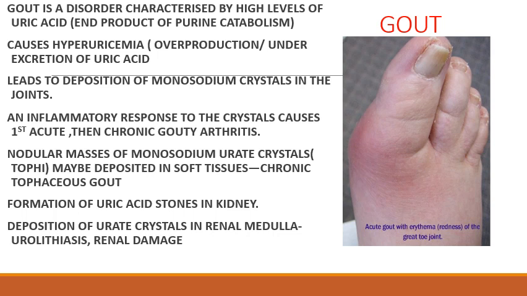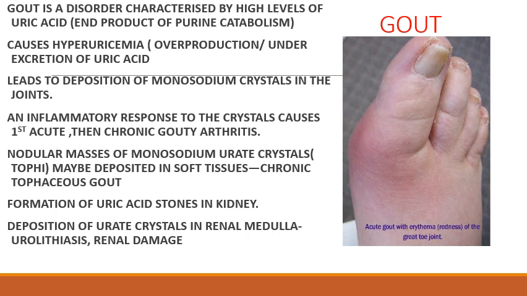Now, the important disorder associated with hyperuricemia is gout. Gout is characterized by high levels of uric acid, and as you know, uric acid is the end product of purine catabolism. So, as I've already told you before, hyperuricemia may be either due to overproduction of uric acid or the under-excretion of uric acid.